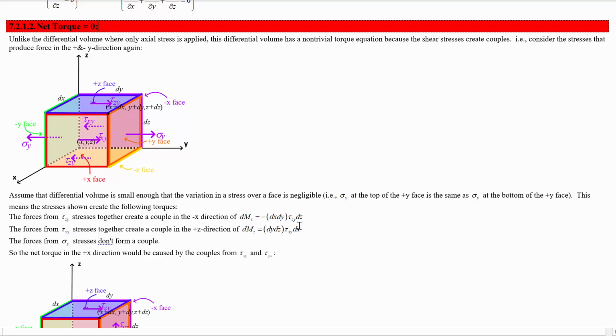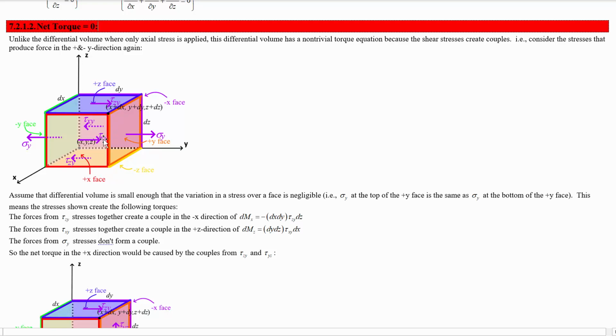It's a moment because it's a couple, so it's the same torque about every point. That is the area of the top surface, dx dy, times tau zy, that's the force, multiplied by the distance between those two lines of action, which is dz. So that's the moment created by the zy shear stress.